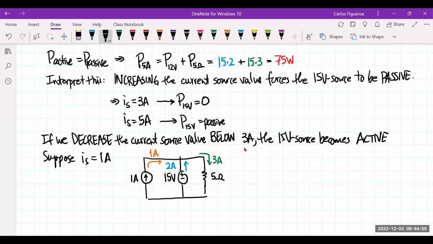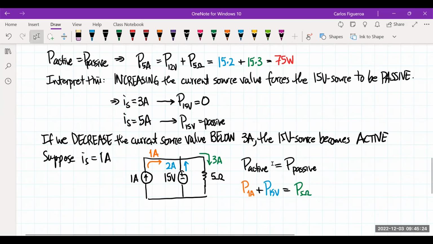So now when you're looking at this, we could compare the active versus the passive. We could now see that we have the power of the 1 amp, we have now an active 15 volt source, and then the last thing here has to be the power dissipated by the 5 ohms.